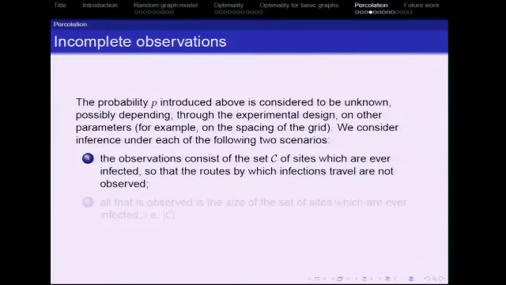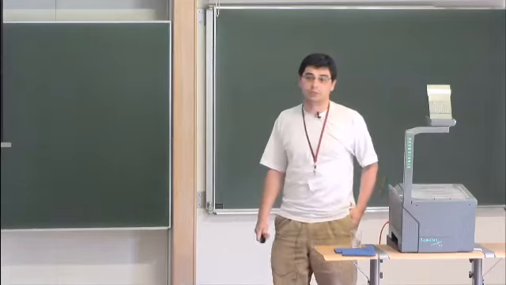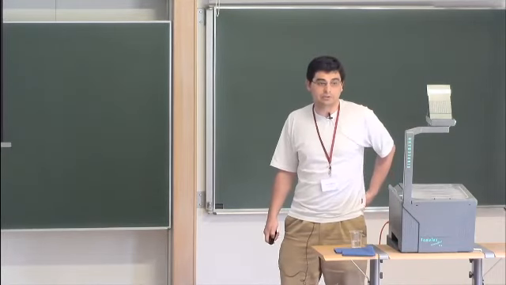Now, you can think of percolation as a model which we use for the spread of fungus, for example, where we only restrict ourselves to the nearest neighbor interaction. And we also consider that we have incomplete observations. So the first scenario is that we don't observe the edges, and in the second scenario, even more incomplete observations, the only thing we know is the size of the cluster.